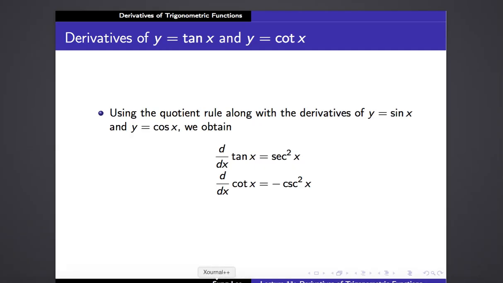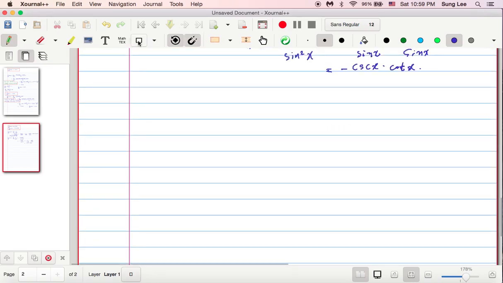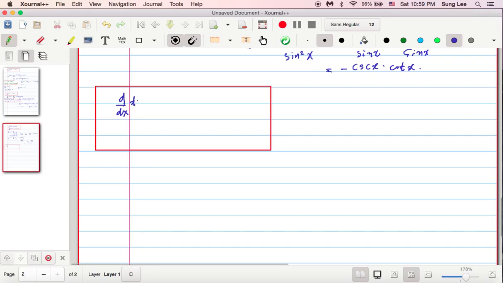So we are heading back to my notepad. Derivative of tangent of x equals secant squared x, and derivative of cotangent of x equals negative cosecant squared x.